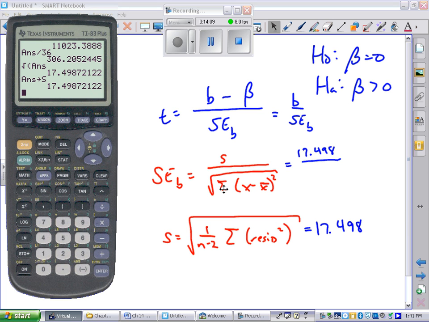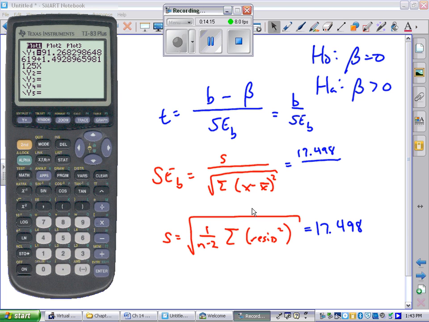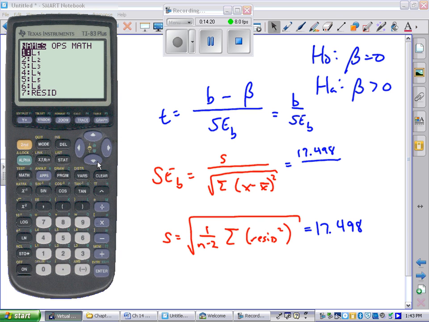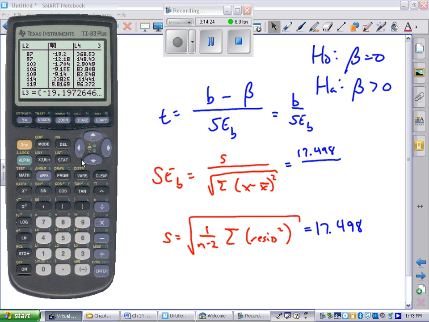So now I need to figure out this bottom part of the SEB formula. To do the bottom of this, I'm going to go back into my lists, and I don't really need L3 and L4 anymore, so I can delete those just so they're not bothering me. And now's probably a good time to remind you that if you actually delete a list, it disappears, the list is gone.